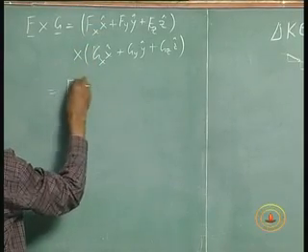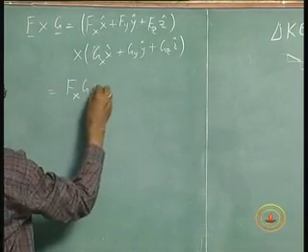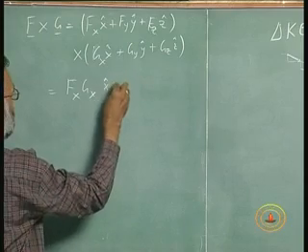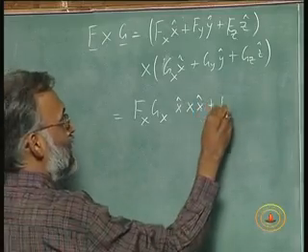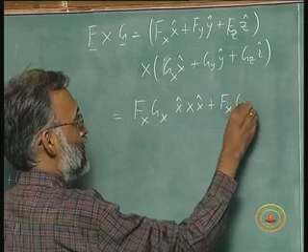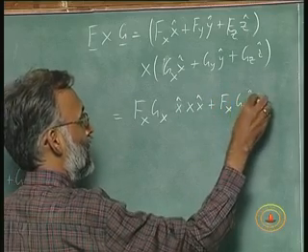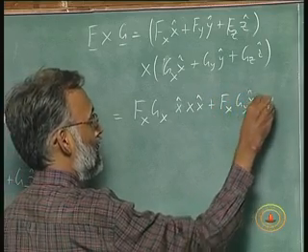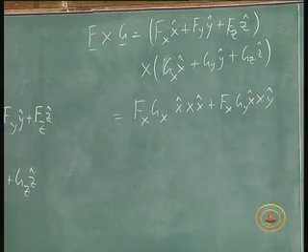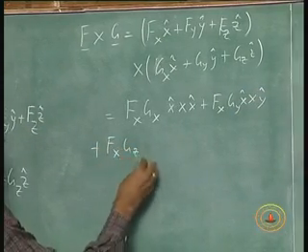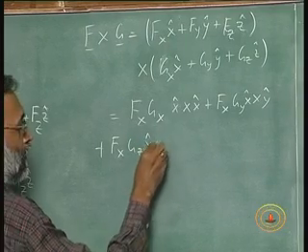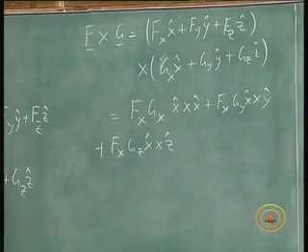So you get fx gx times unit vector along x cross unit vector along x plus fx gy unit vector along x cross unit vector along y plus fx gz unit vector along x cross z hat.